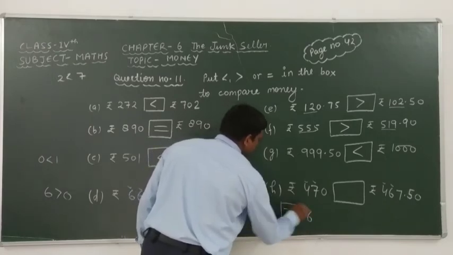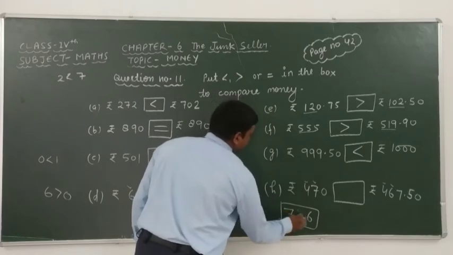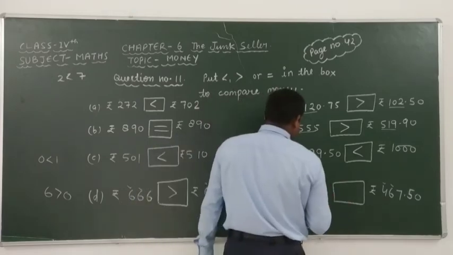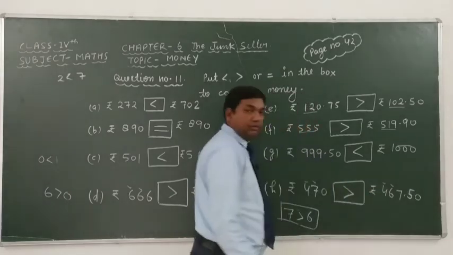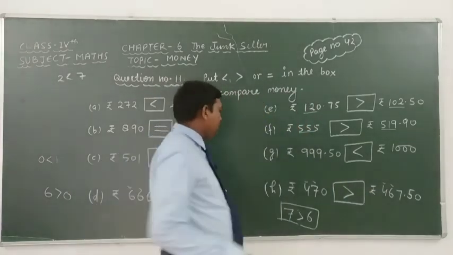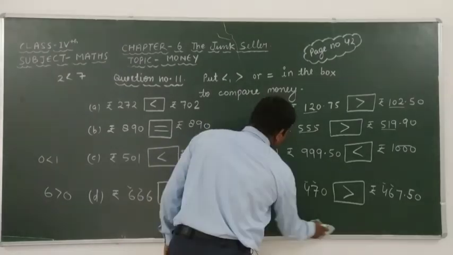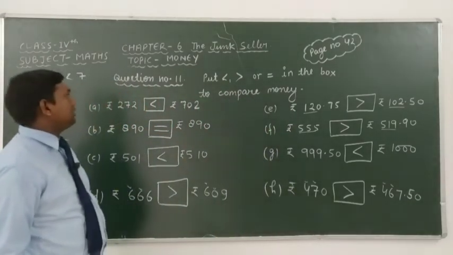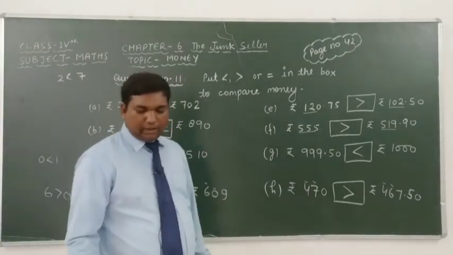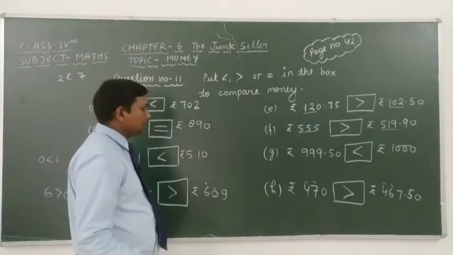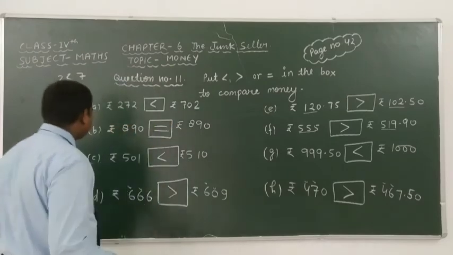Therefore, rupees 470 is greater than rupees 467.50. Understand? Okay, students, please write given questions in your maths book. If you have any doubt, please ask me. Okay, now read this.